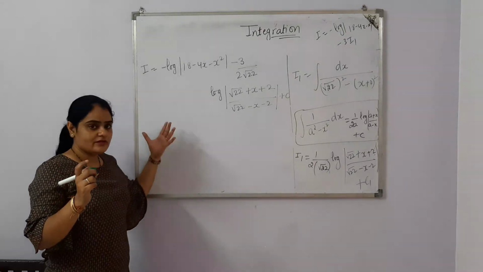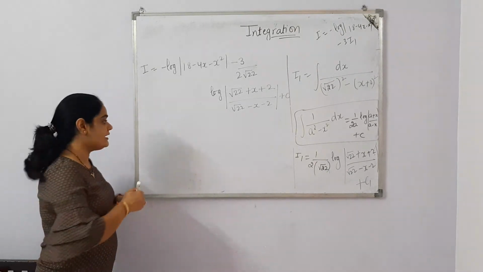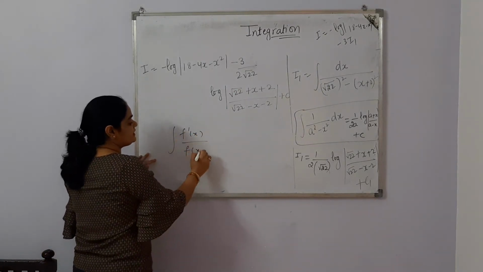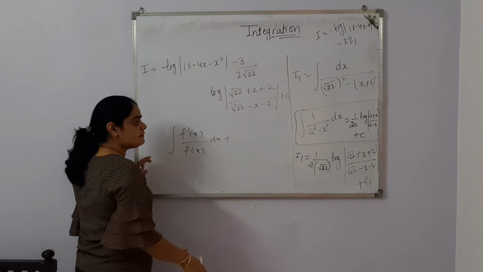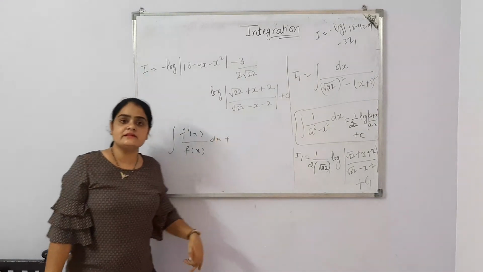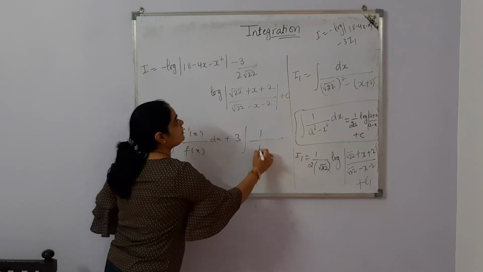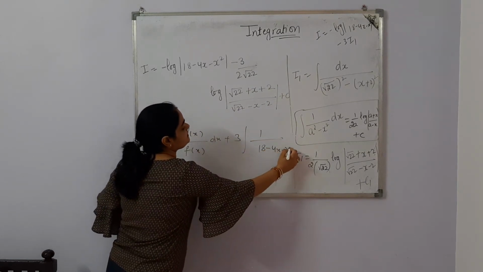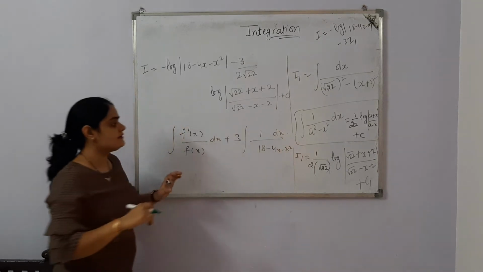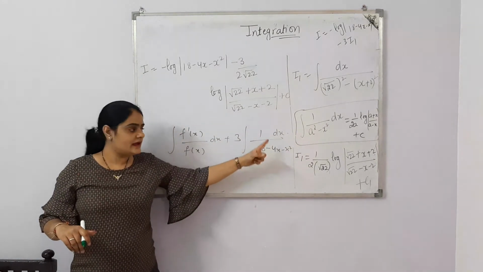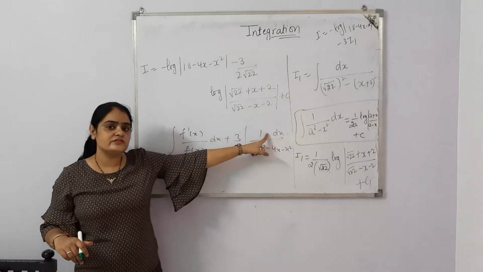In one part we applied the formula of function and in numerator its derivative, and in another part we applied completing the square, because we get 1 upon 18 minus 4x minus x square. For this, of course factors are not possible, and of course the numerator is a constant.